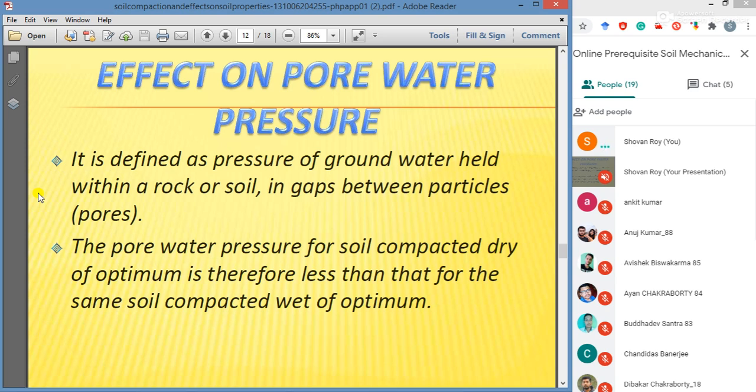Undrained shear test was already in your theory, but I think you have performed the drained shear test; the undrained shear test you have not performed.